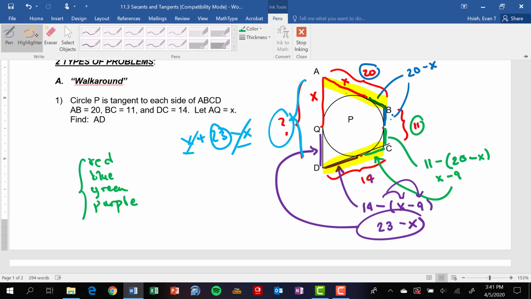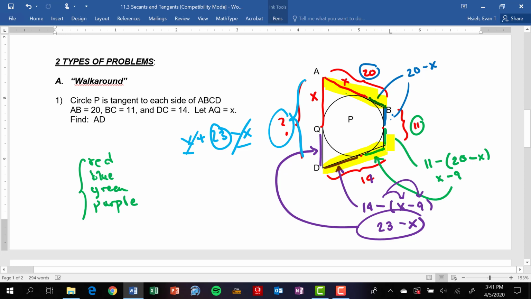That's going to be the two highlighted portions here.